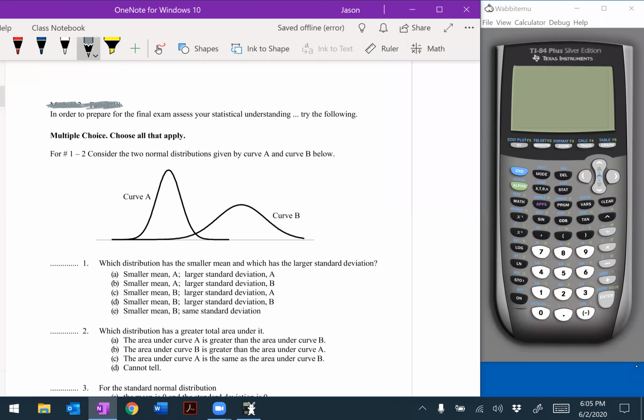consider the two normal distributions given by curve A and curve B below. Which of the following has smaller mean and which has a larger standard deviation? Well, if we look at the mean here, the mean of curve A is smaller than the mean of curve B. The standard deviation of A is also smaller than the standard deviation of B because of the width involved.